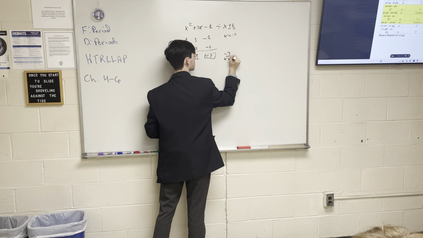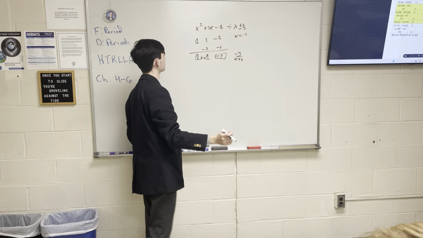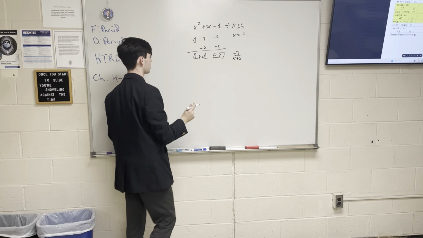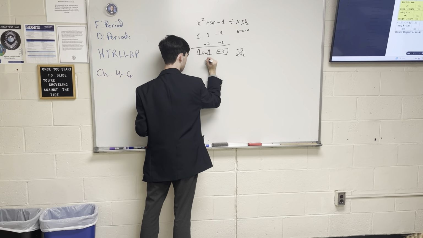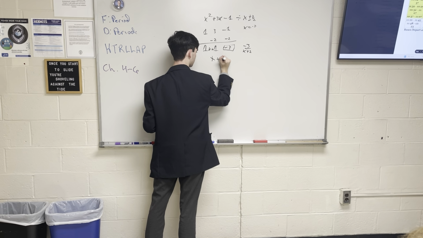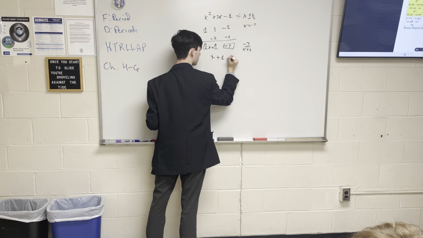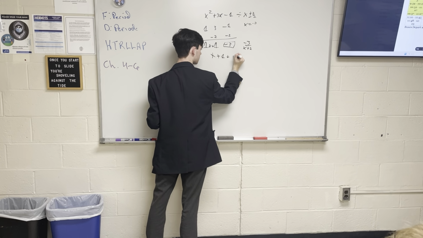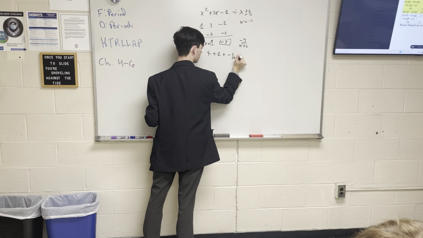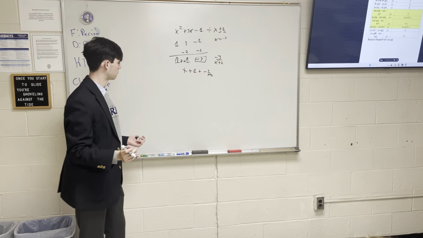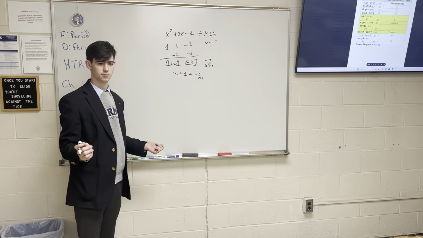So x plus 2. -3 over x plus 2. So your final answer will come to just x plus 1 plus -3 over x plus 2.